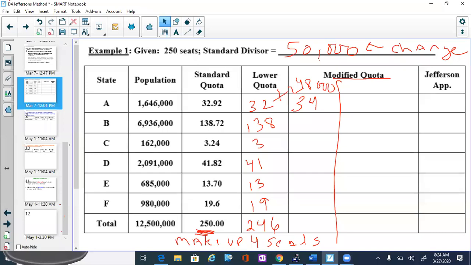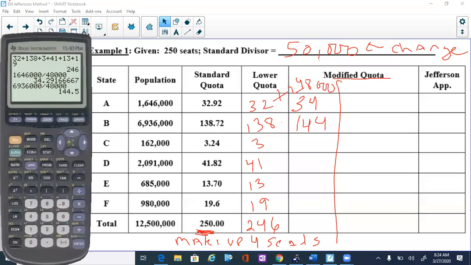You can see I've added 6 seats. So just by picking 48,000, I've added 2 seats and another 6 seats, a total of 8 seats. So I'm going to have a surplus. 48,000 creates a surplus.